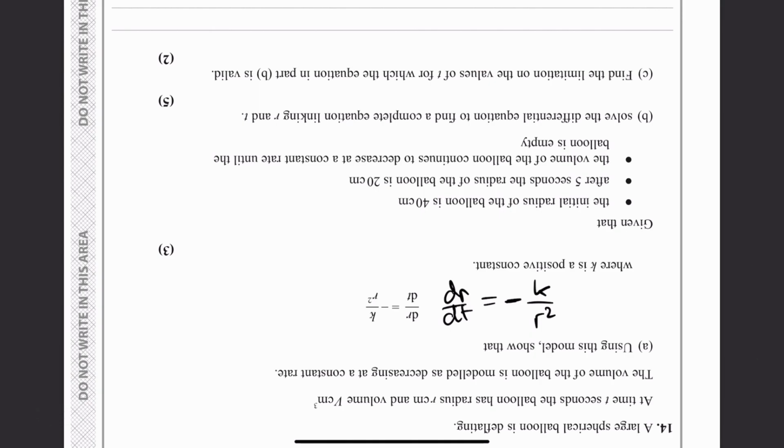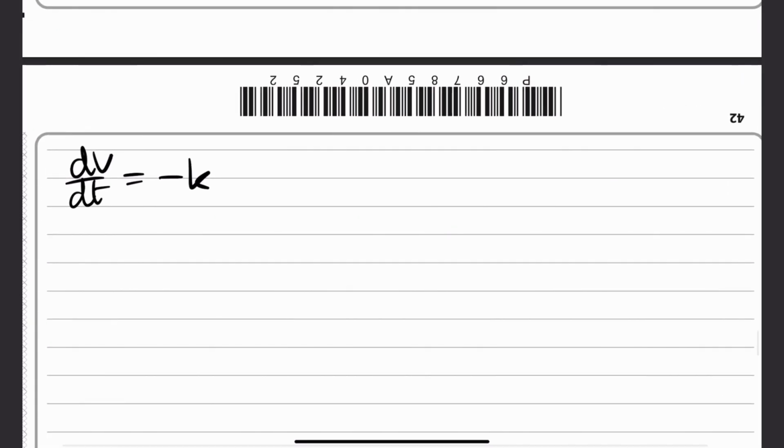I just want to convert this dV into a dr. We know the volume of a spherical balloon is 4 over 3 pi r cubed, right? So we can just differentiate both sides. 4 over 3 pi, and then times 3r squared dr.